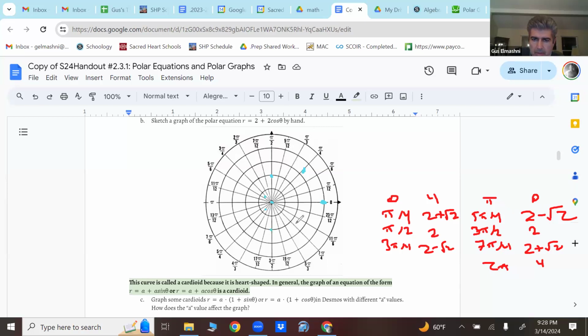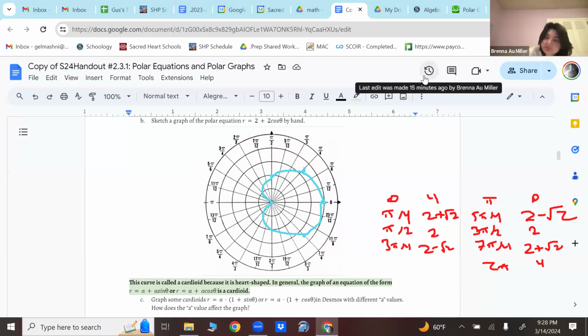Obviously the calculator or Desmos is better, but 2 plus root 2 is that. So the way the curve goes, it kind of does this, and then it comes in and does that. So there's a bit of a dimple there, if you want to think like that.